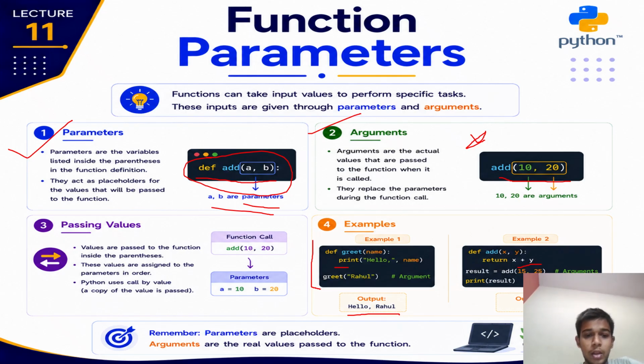The result is stored in the variable result, and finally the output becomes 40. The most important point to remember is this: parameters are placeholders written while creating a function, but arguments are the real values passed while calling a function. Once you understand this difference, working with functions becomes much easier.